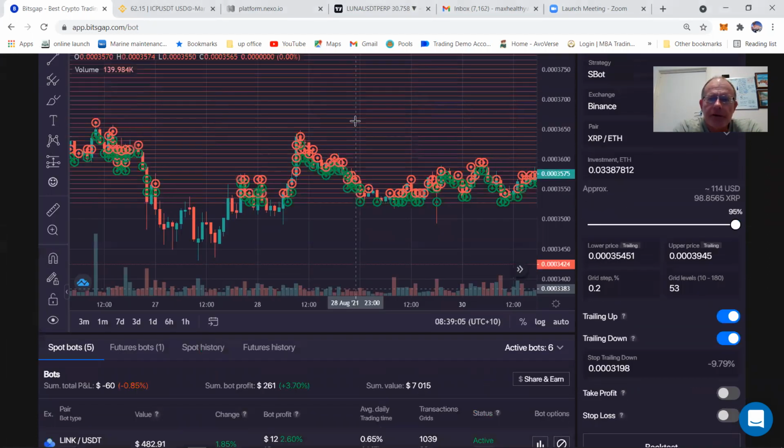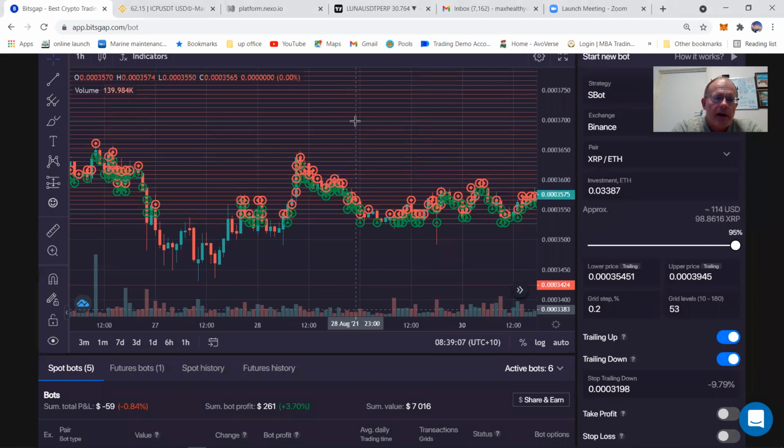So let's scroll up and have a look at the chart. I just wanted to go through what happens when that happens. There's a couple of scenarios here where this has happened on this pair.